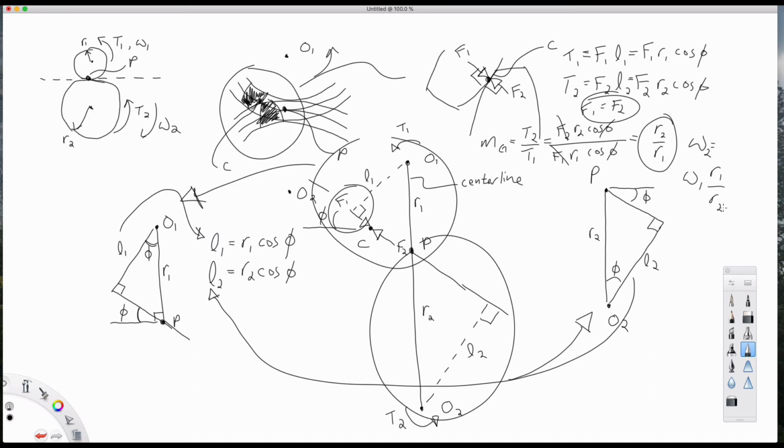R1 and R2 could change as the gear set rotates and the contact point C moves. If the orientation of the teeth moves, then the pressure angle is going to move.